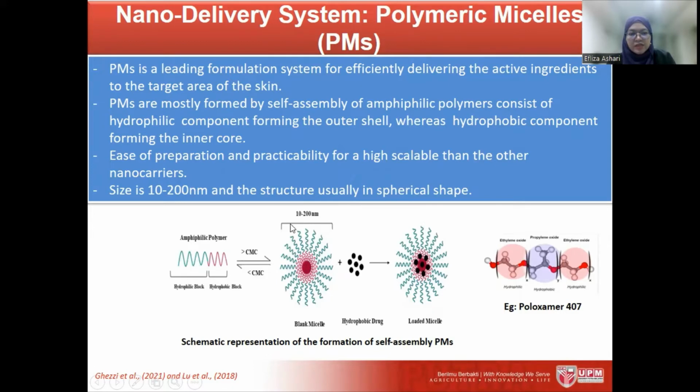The size is basically from 10 to 200 nanometers, and the structure is usually spherical. PMs are also very easy to prepare and highly scalable compared to other nanocarriers. One of the polymers we use in this research work is Poloxamer 407 because it contains one hydrophobic region and two hydrophilic regions.